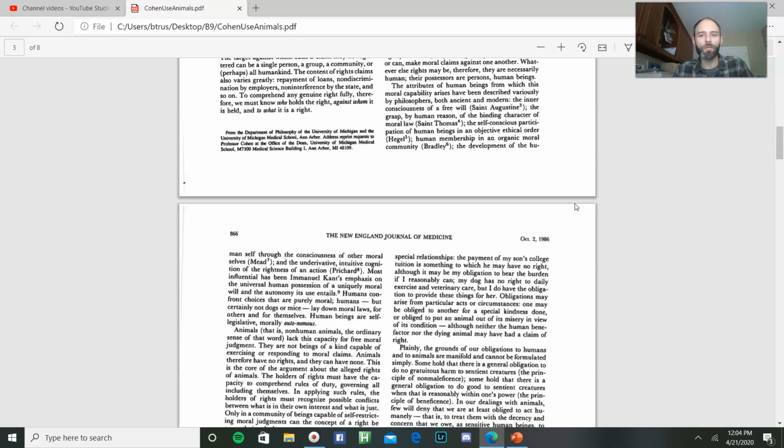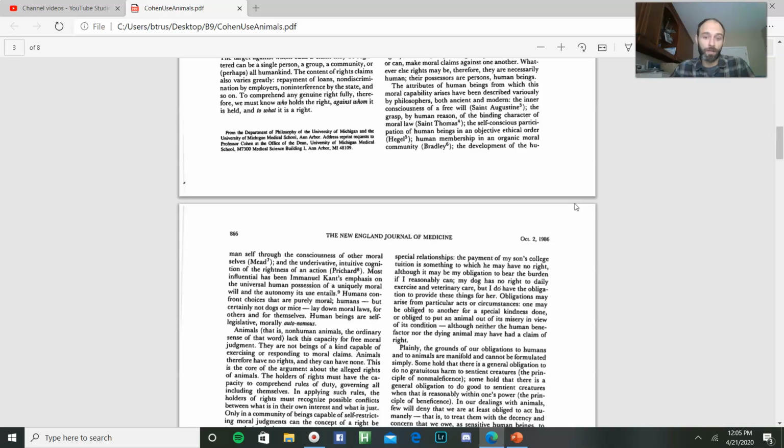The inner consciousness of the free will, the grasp by human reasons of the binding character of moral law, the self-conscious participation of human beings in an objective ethical order, human membership in an organic moral community, the development of the human self through the consciousness of other moral selves, and the underivative intuitive cognition of the rightness of an action.